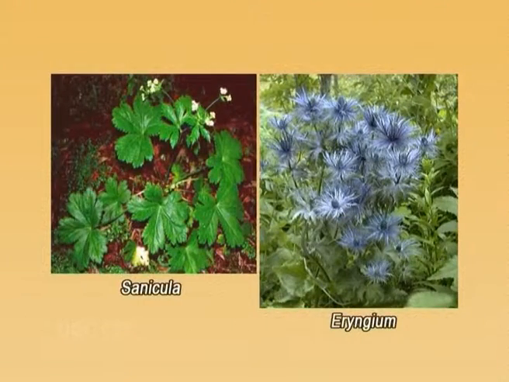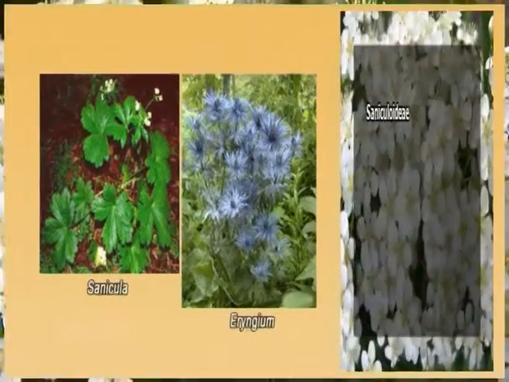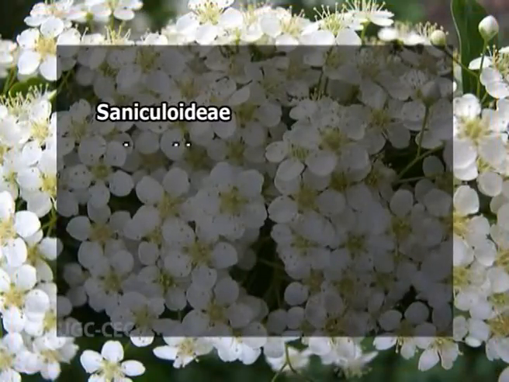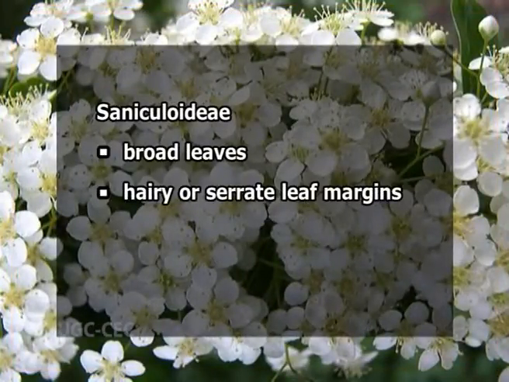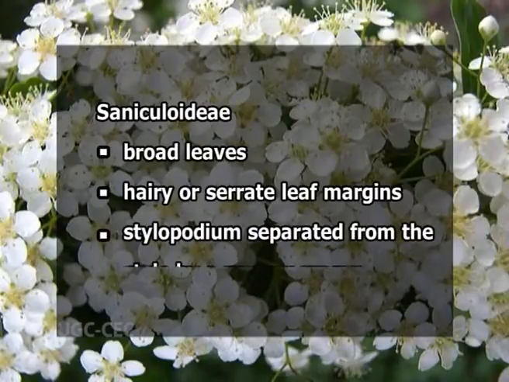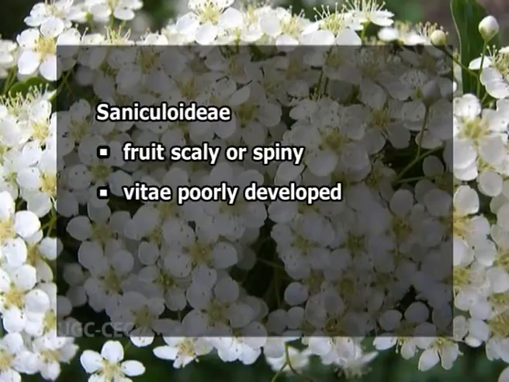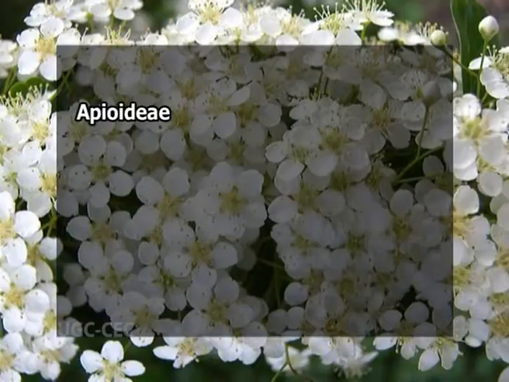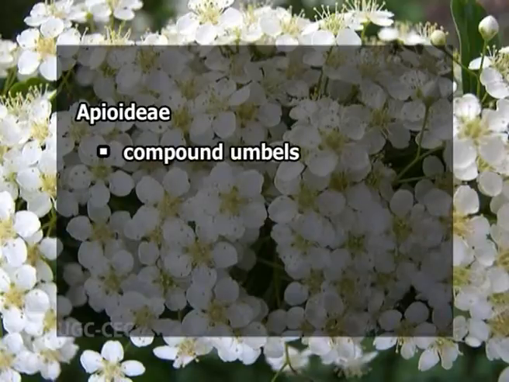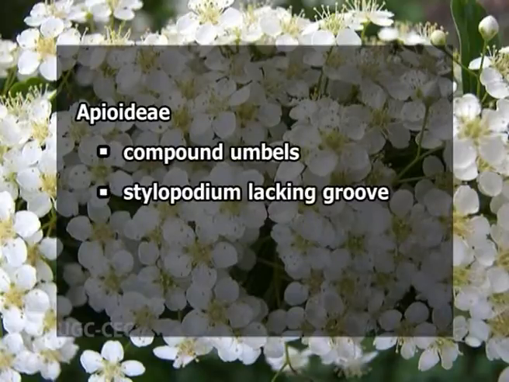Examples are genera like Sanicula and Eryngium. They are characterized by broad leaves with hairy or serrate leaf margins. They have a stylopodium which is separated from the style by a narrow groove. Here, the fruit is scaly or spiny, and the oil cavities, called vittae, are poorly developed. One more subfamily, Apioideae, have compound umbels. They have a stylopodium, but they lack the groove.